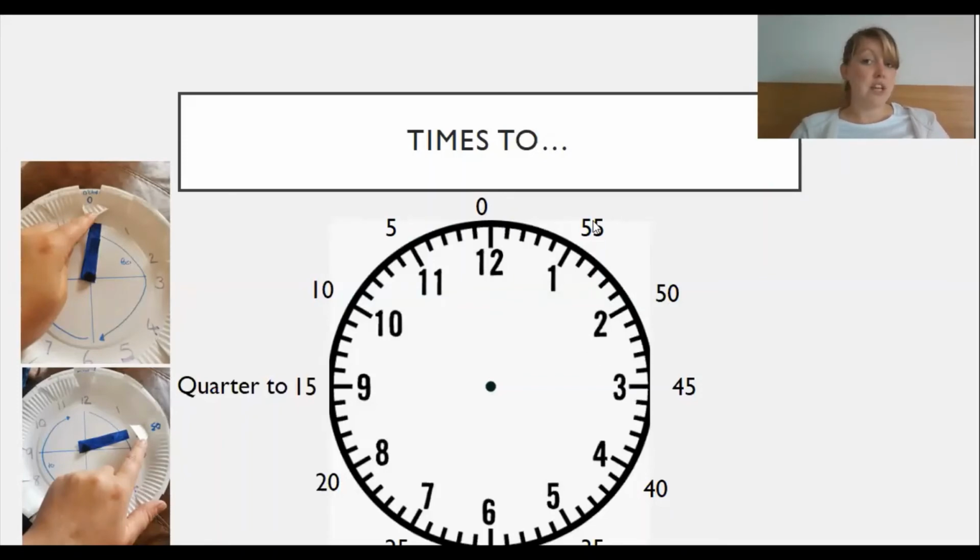Could you have a go at chanting these with me? 3, 2, 1. 55 minutes to, 50 minutes to, 45 minutes to, 40 minutes to, 35 minutes to, 30 minutes to, 25 minutes to, 20 minutes to, 15 minutes to, 10 minutes to, 5 minutes to.